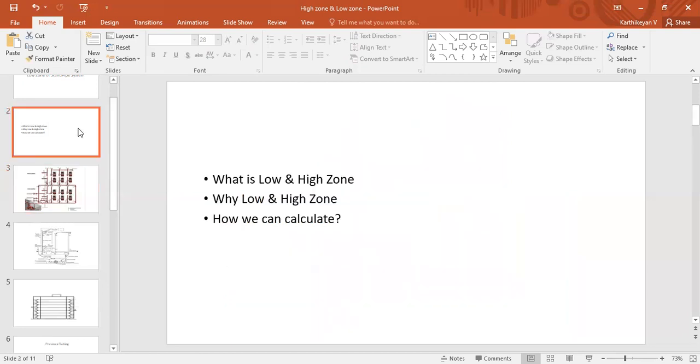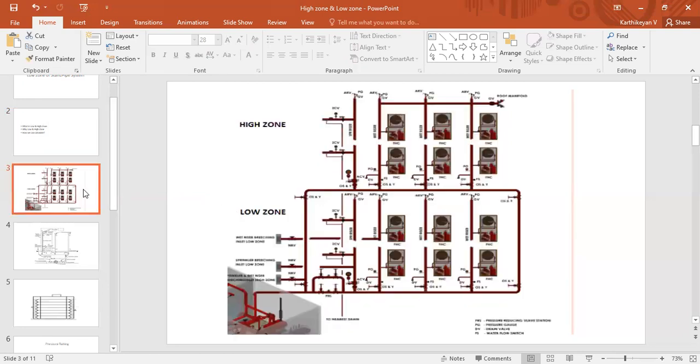We make the low zone and high zone of the standpipe system because of pressure ratings. If you avoid high pressure rated equipment, we can use low or limited pressure rated equipment, and we can save cost.